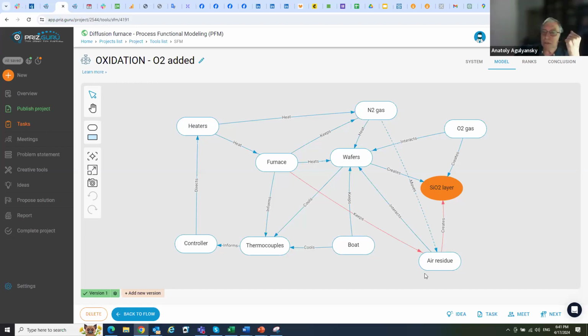What we do, we remove air with nitrogen that we purchased and brought in cylinders. And what else? Remove it again with oxygen. Do you think it makes any sense?